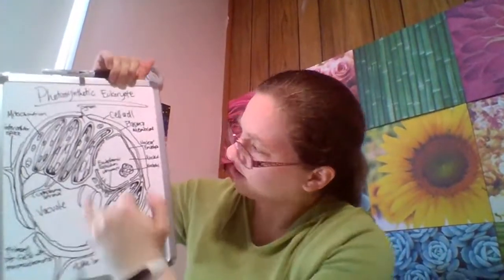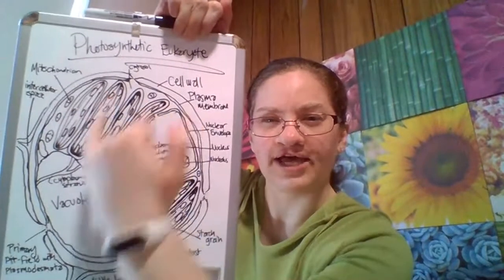Okay, so that framework thing set up, right? So the thylakoids are the structures within the chloroplast, the lines going through here.